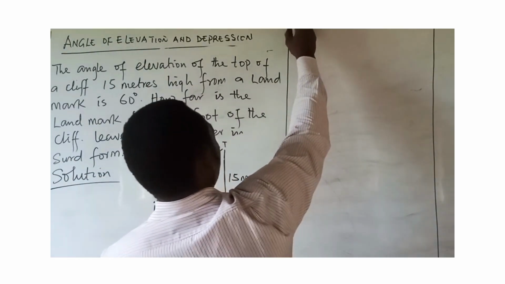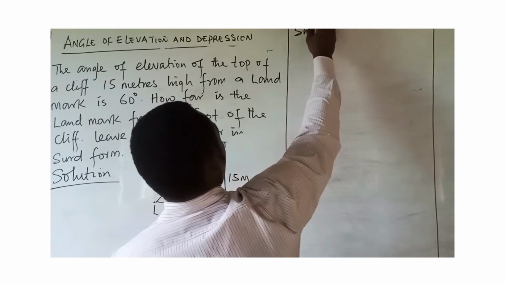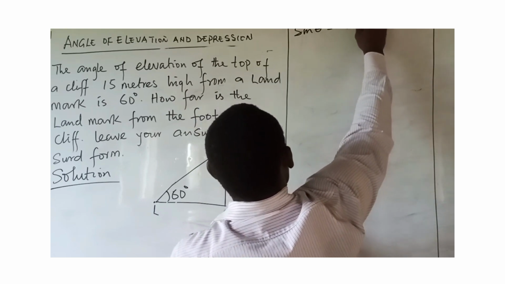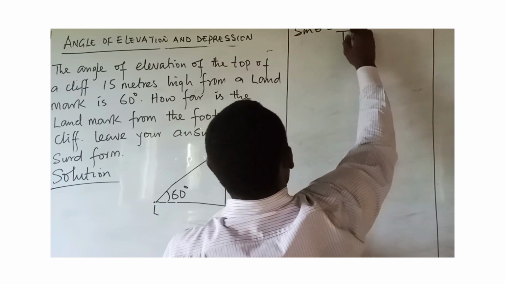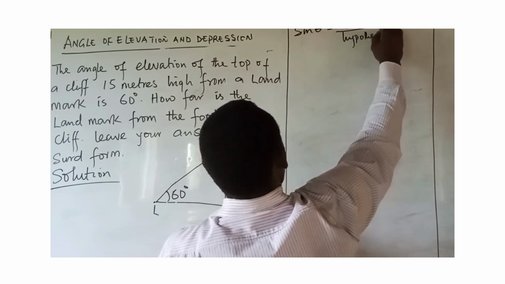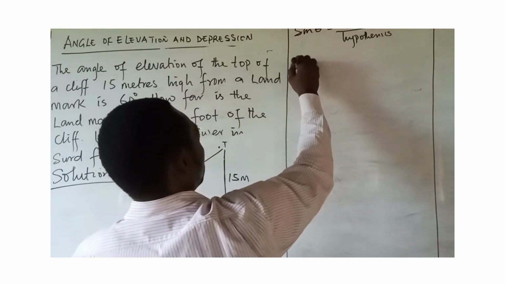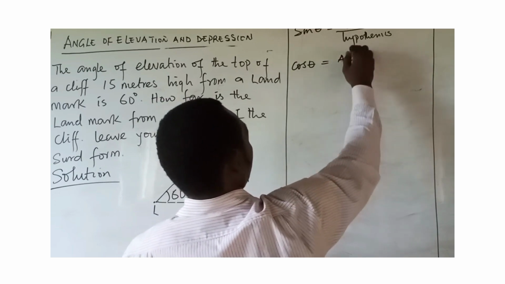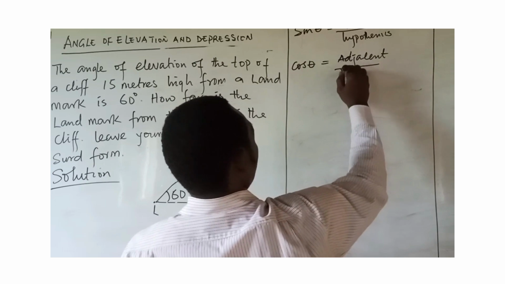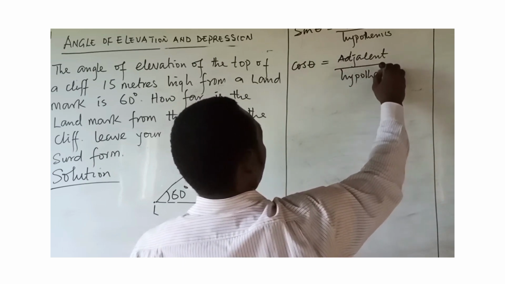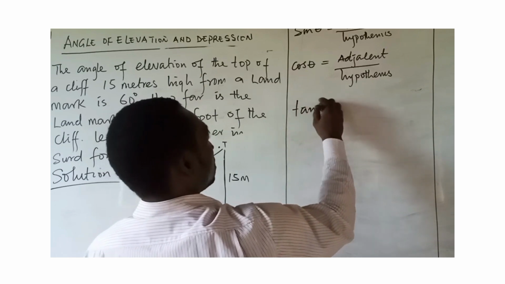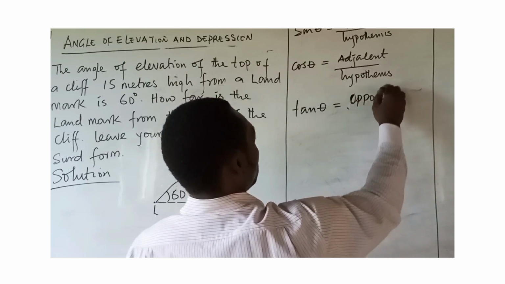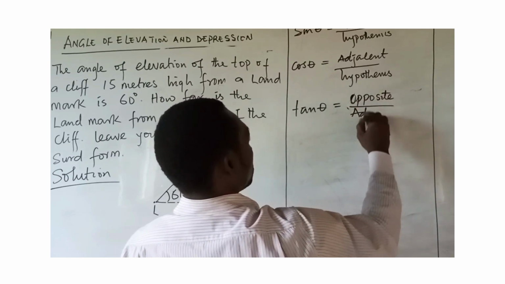We know that in trigonometry, sine theta is equal to opposite over hypotenuse, and cos theta is equal to adjacent over hypotenuse, while tan theta is equal to opposite over adjacent.